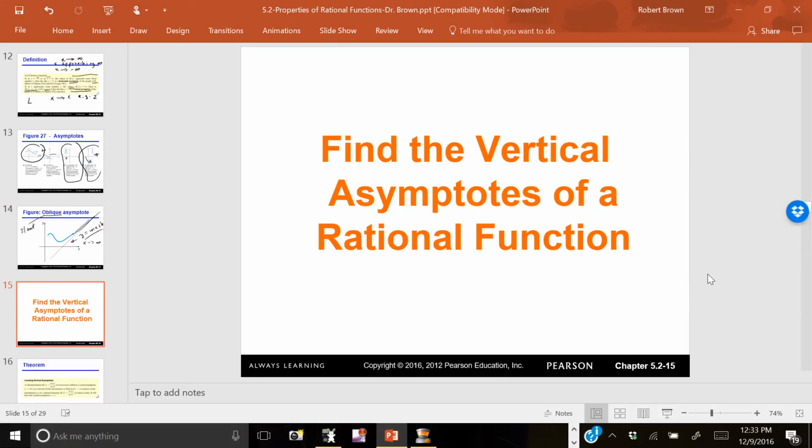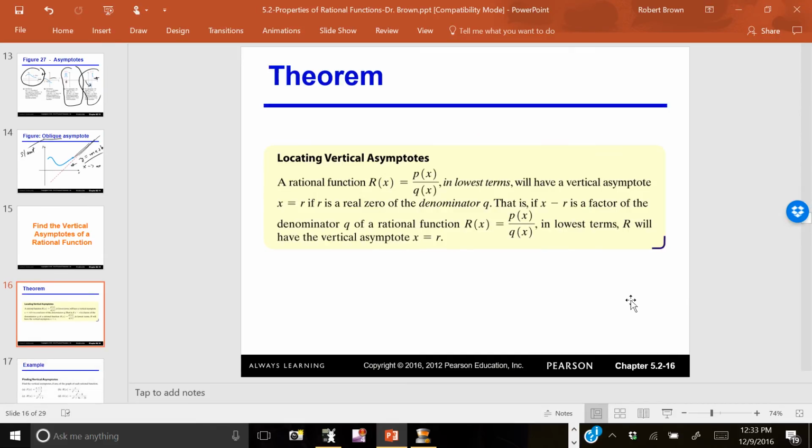Now let's find the vertical asymptotes of a rational function. To find the vertical asymptotes, you get p of x over q of x and put it in lowest terms.